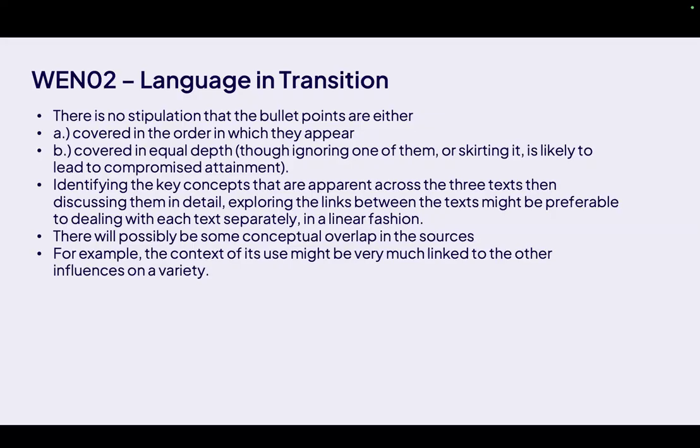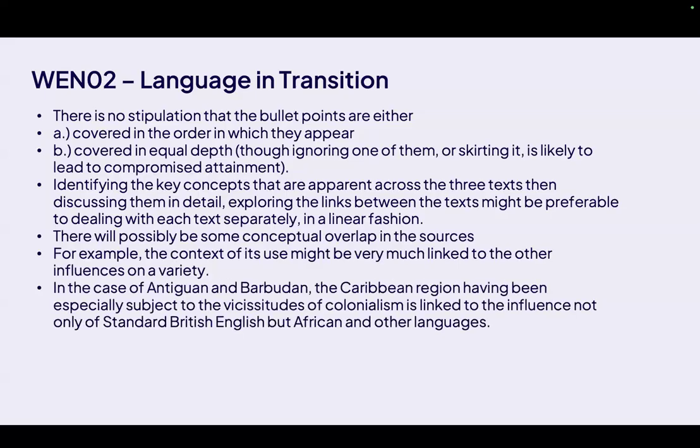So there's an awful lot for the students to prepare themselves for here. In the case of Antigua and Barbuda, the Caribbean region, having been especially subject to the vicissitudes of colonialism, is linked to the influence not only of standard British English, but African and other languages as well. The vicissitudes naturally being the changes over time.